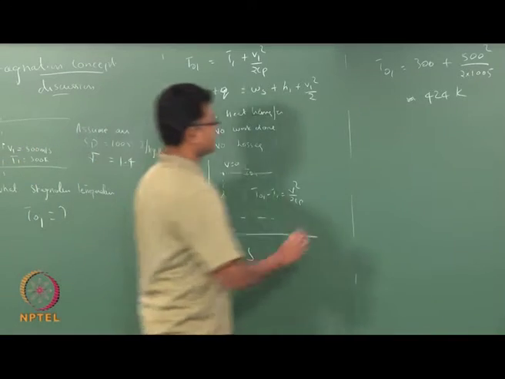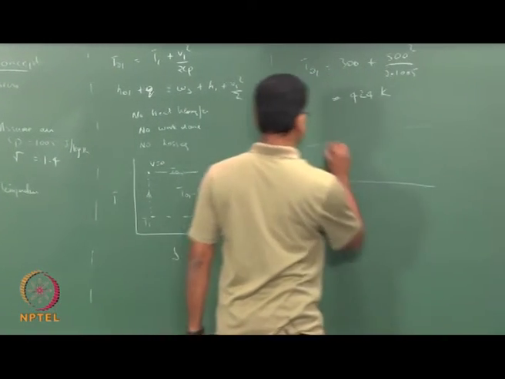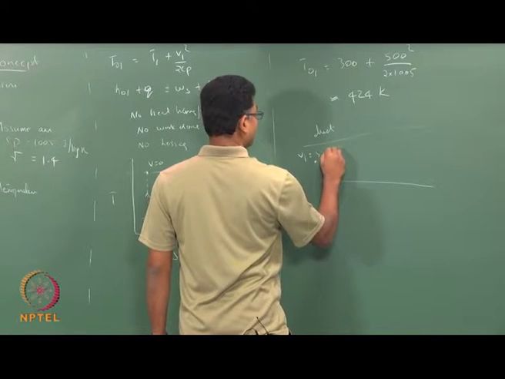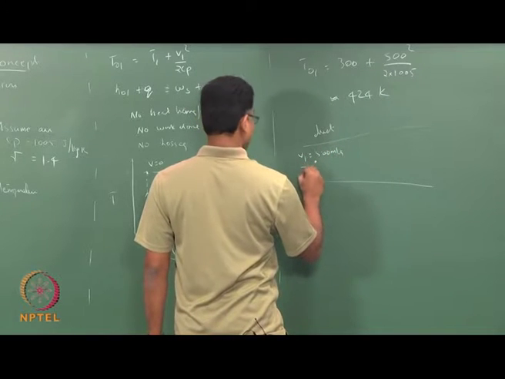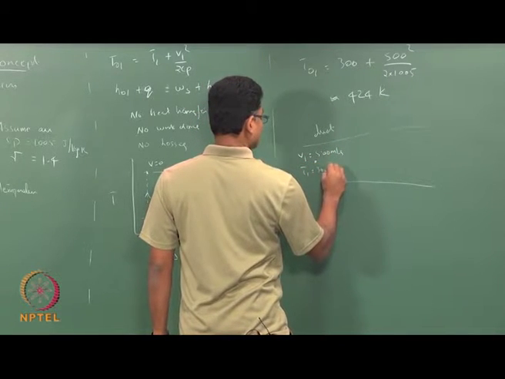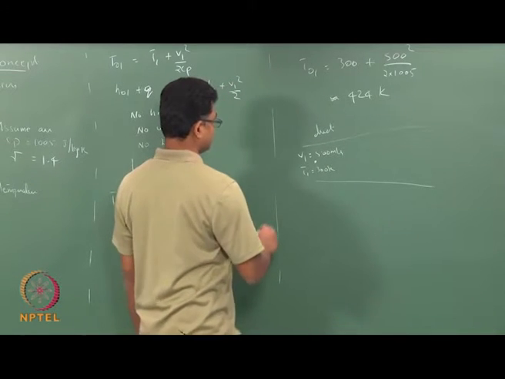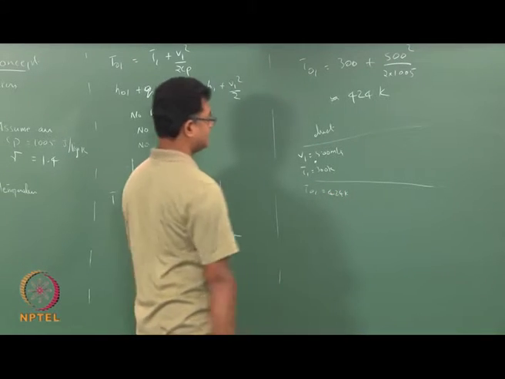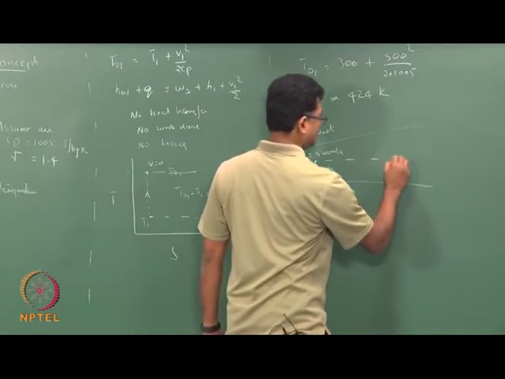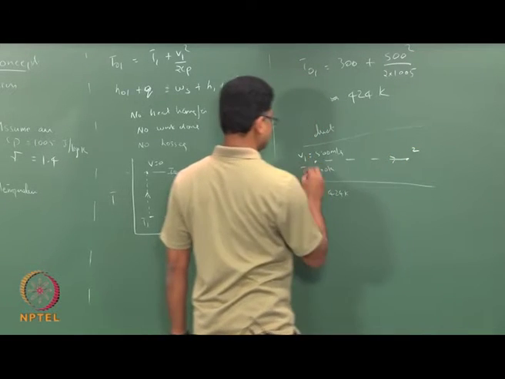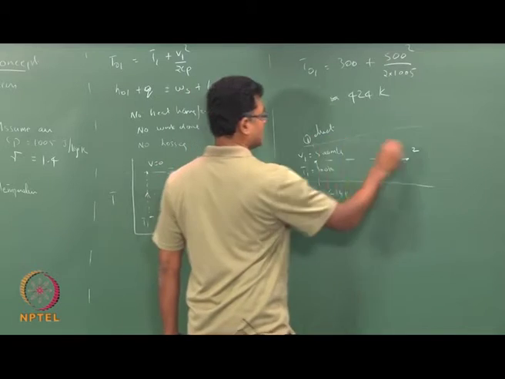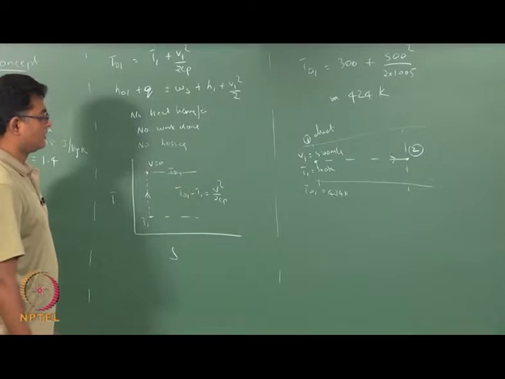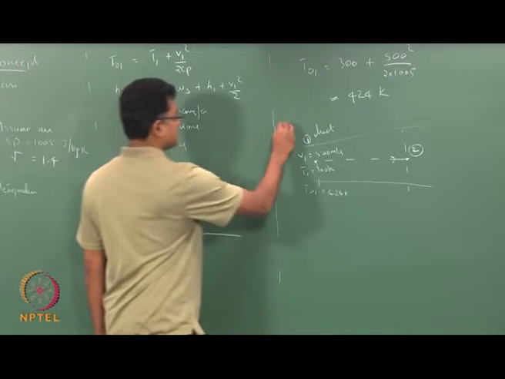Now, we will extend this problem. So, there is some duct, I have V1 500 meters per second, T1 300 Kelvin and say T01 is 424 Kelvin. This moves to a new location 2. So, this is my location 1 and this is my location 2. So, this is question 2.